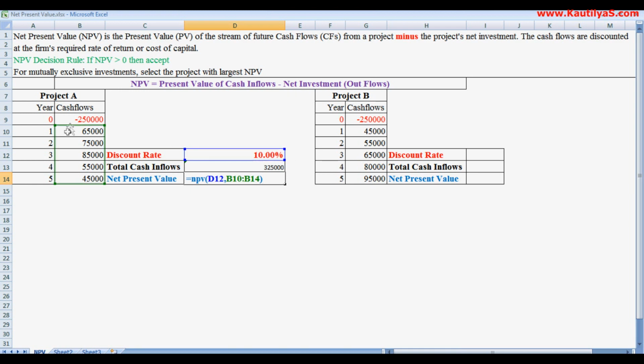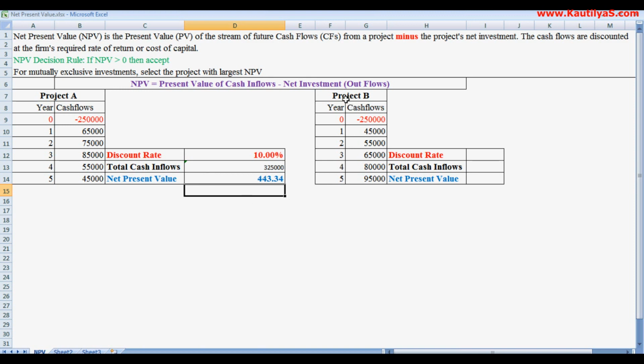Already we have shown it here as minus, so we put a plus symbol here and select the cash outflows, and our project has a positive NPV, greater than 443. According to our NPV decision rule, if net present value is greater than 0, then accept the project. So here we can accept the project.